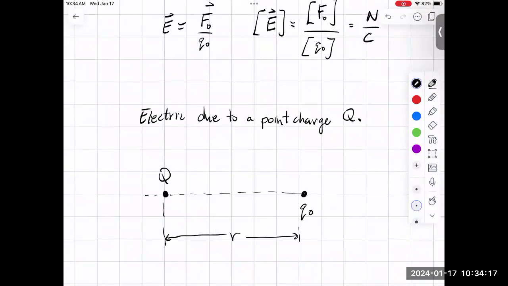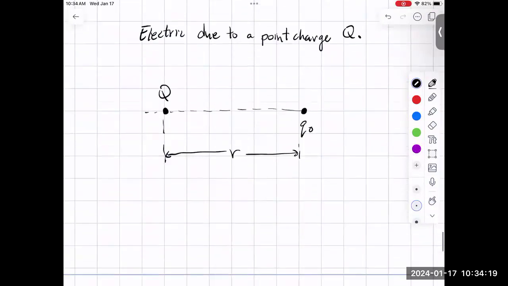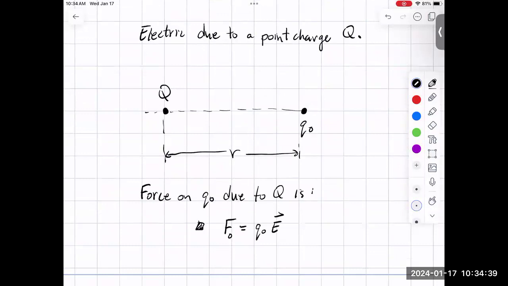So the force on Q0 due to Q is, well, one way to write it is F0 is equal to Q0 times the electric field, whatever the electric field due to capital Q is.